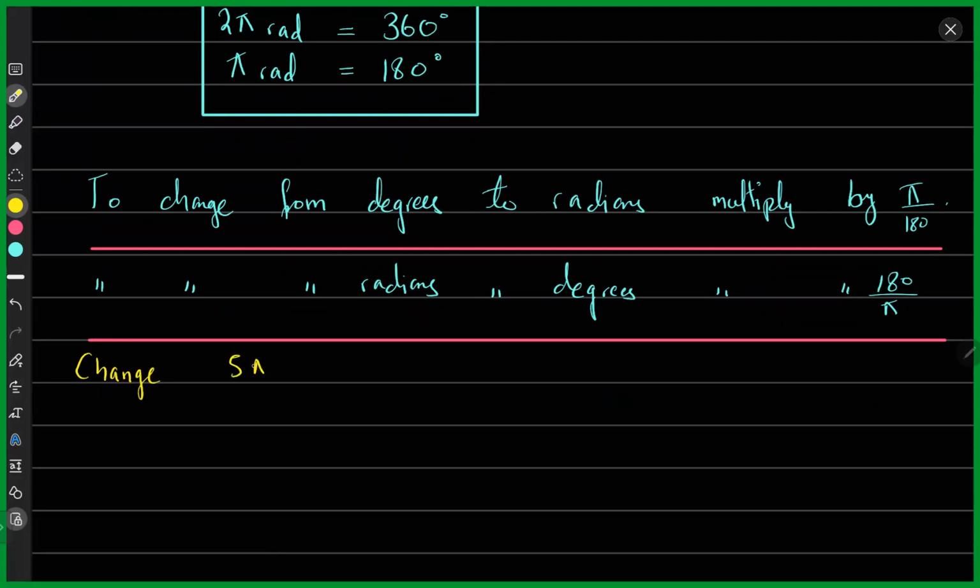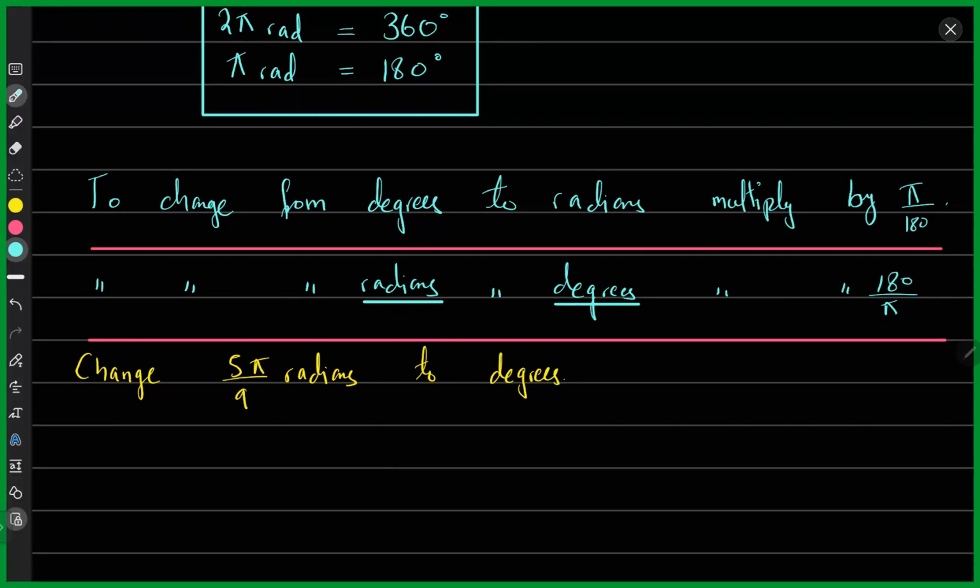it says change 5 pi by 9 radians to degrees. Okay, now the angle in radians is given, 5 pi by 9. So to change from radians to degrees, what do we do? We multiply by 180 by pi.